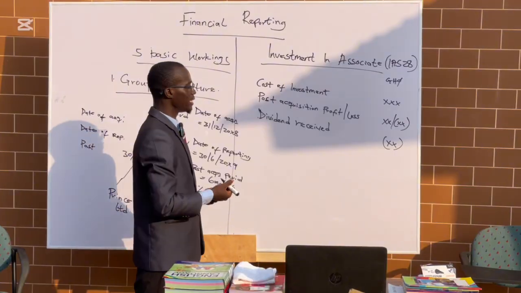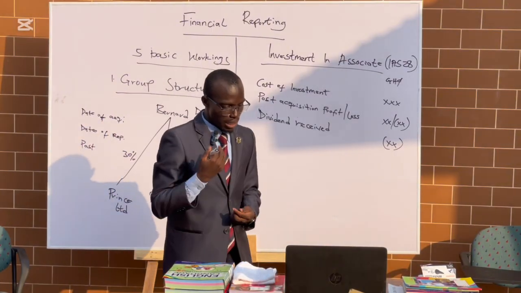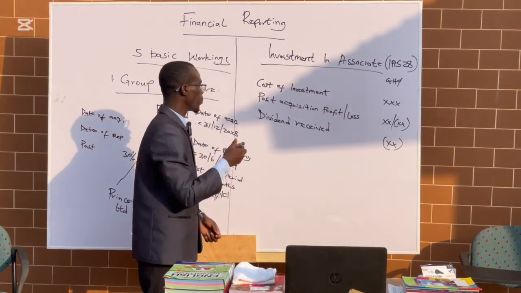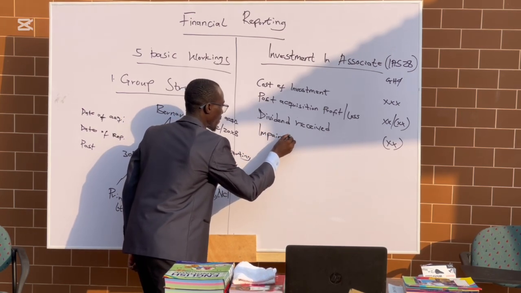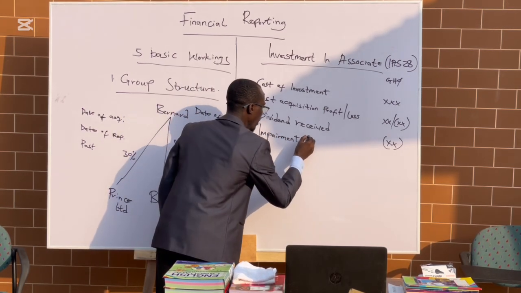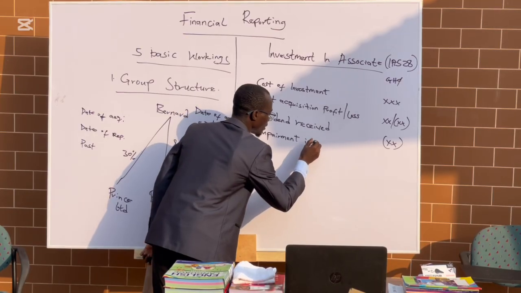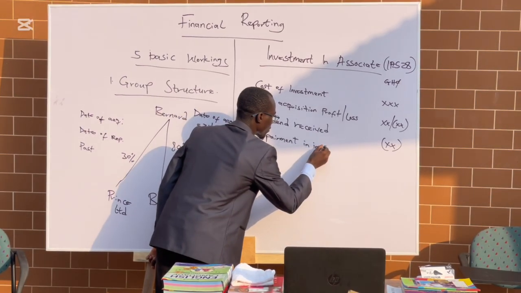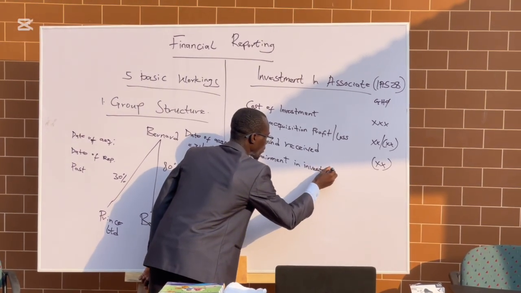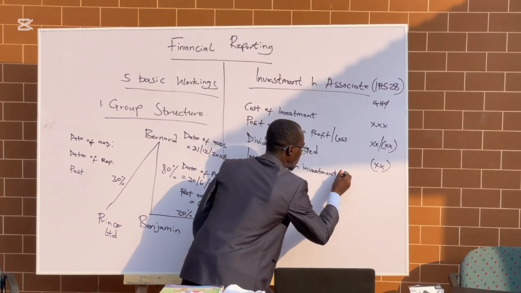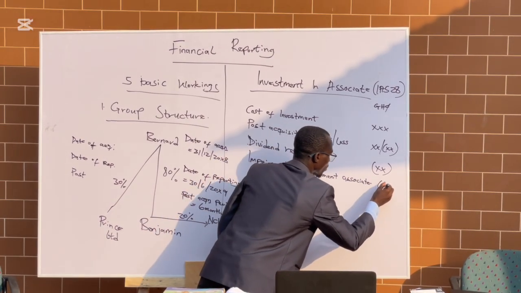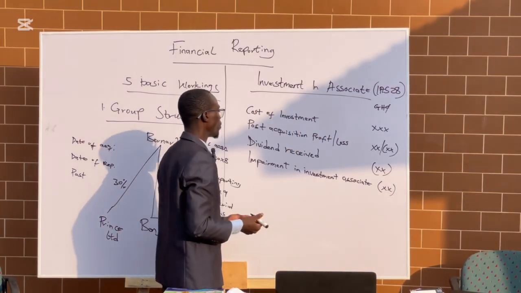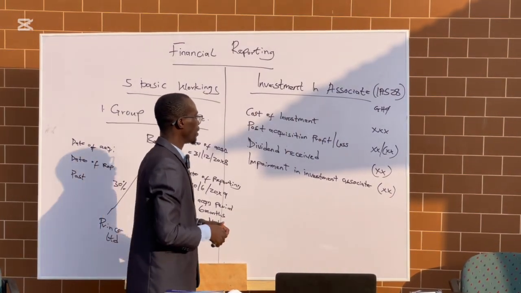Or if there is any impairment in investment in associate, this one we need to deduct, because impairment in associate also we need to take off.